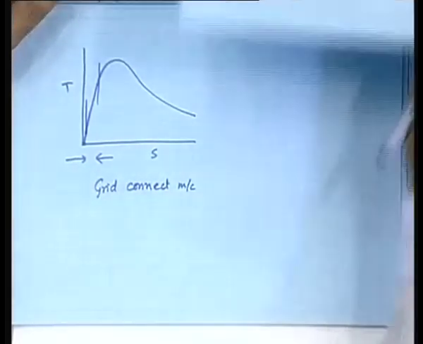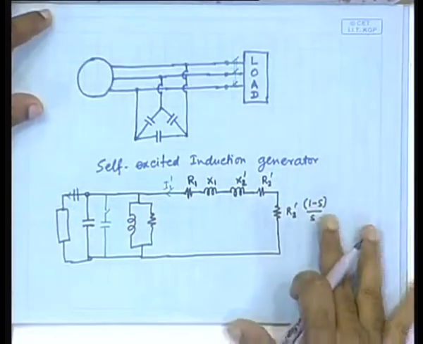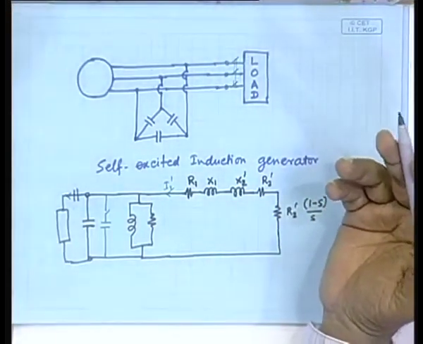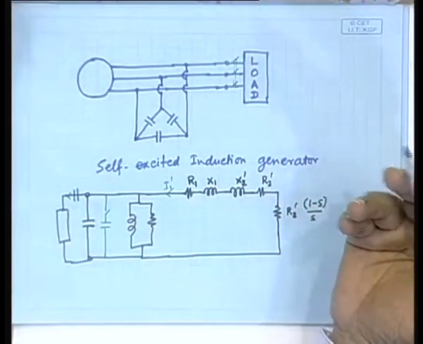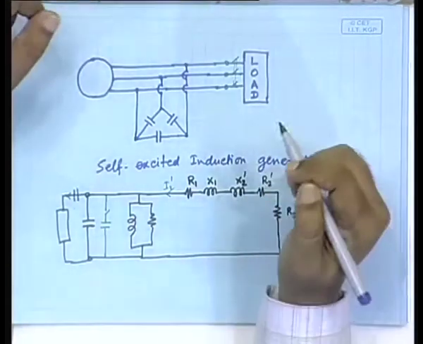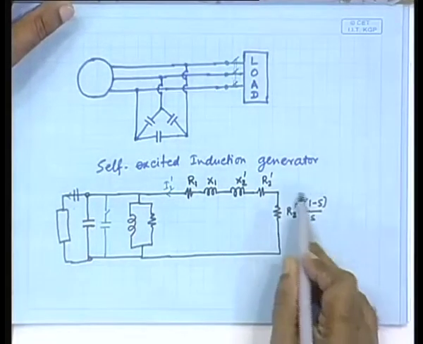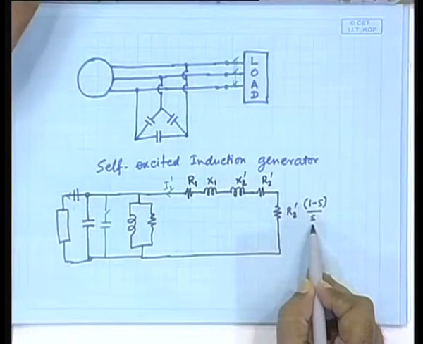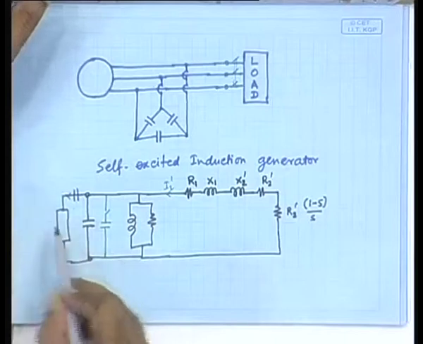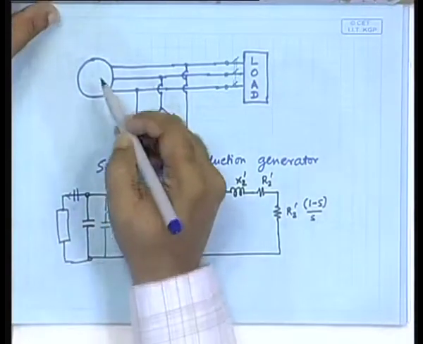For the self excited machine, as I told you, in this case you do not have a grid connection, and so you are not really concerned about maintaining a constant frequency, that is at the grid. But yes, still the problem comes, what will be the slip? After all, the amount of power generation will be dependent on slip, and you are externally rotating at a certain speed and you are getting some power output, which means that there are two things here.